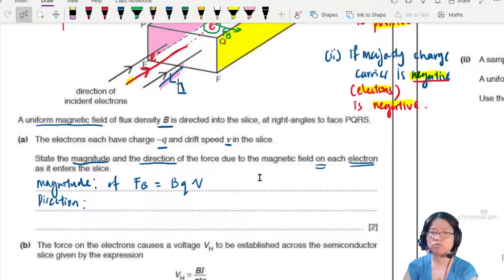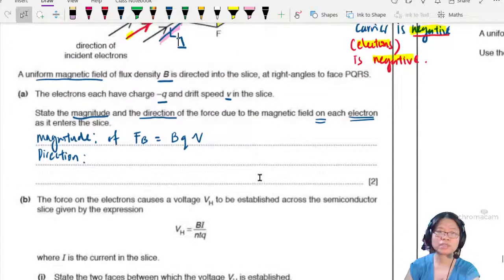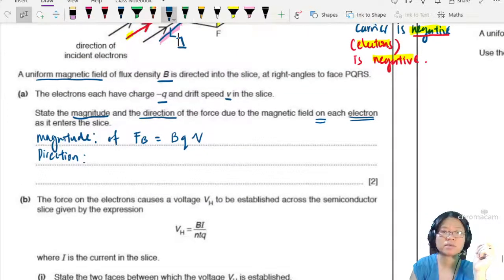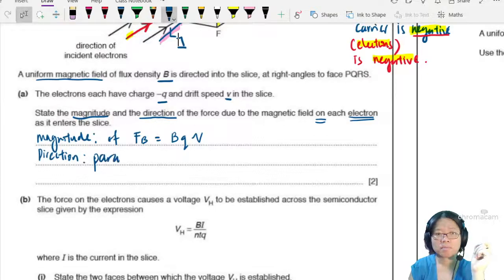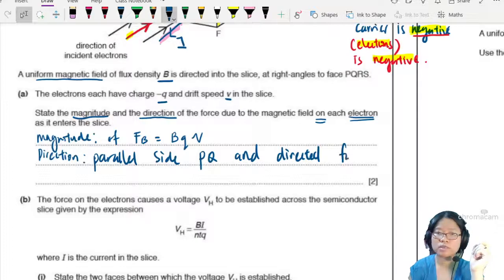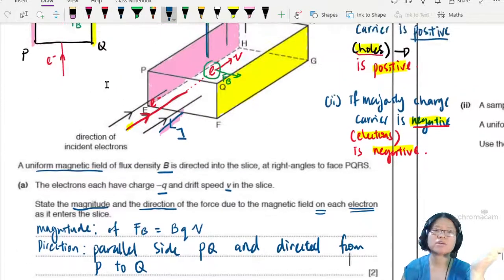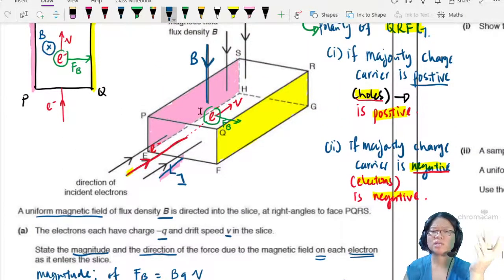Okay, we're going to move on now to writing the direction. The direction of this FB is the same, and is parallel to the side PQ and directed from P to Q. Okay, try not to say to the left, to the right, because where is left, right here? Don't know.